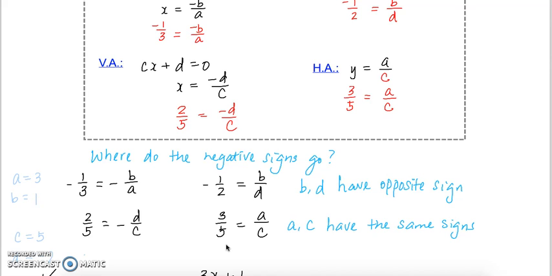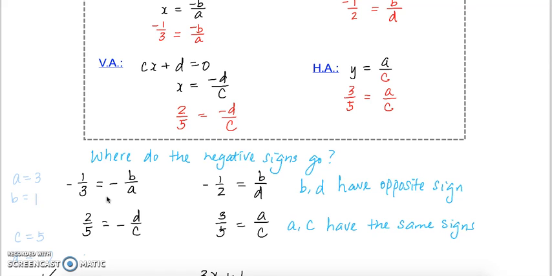Either they're both positive or they're both negative. If I look at b over d, it is a negative ratio. It tells me that b and d must have opposite signs, so one is positive, one is negative.